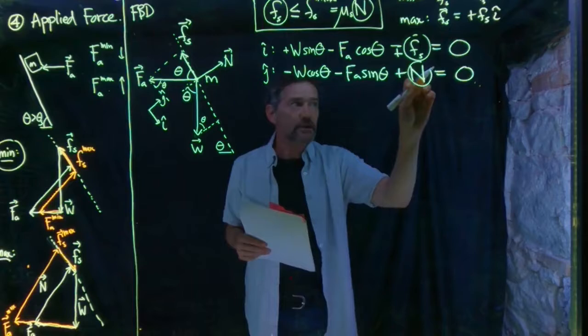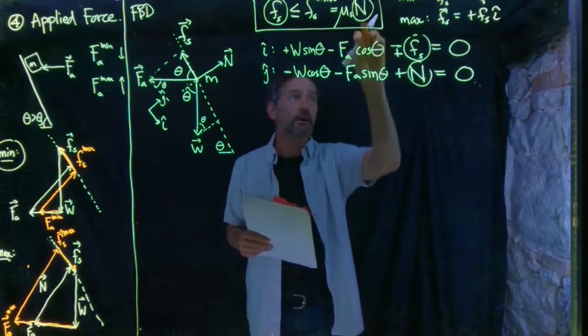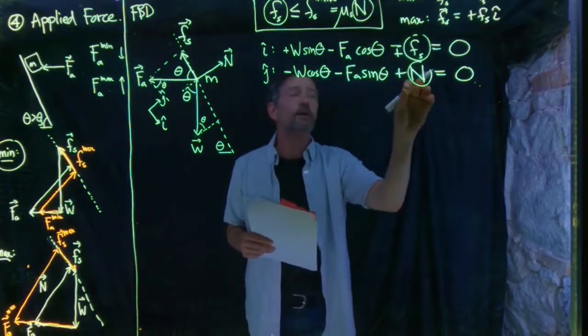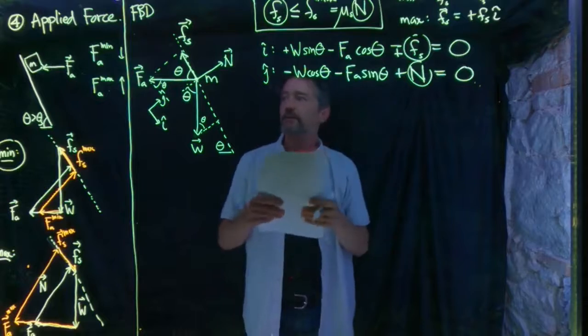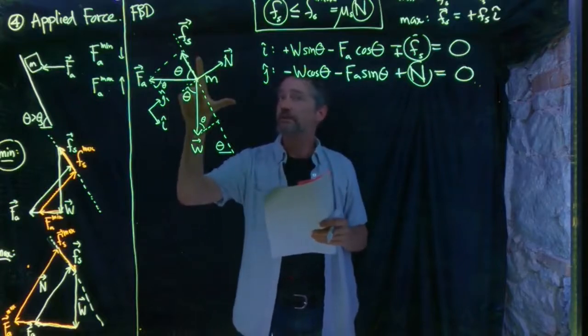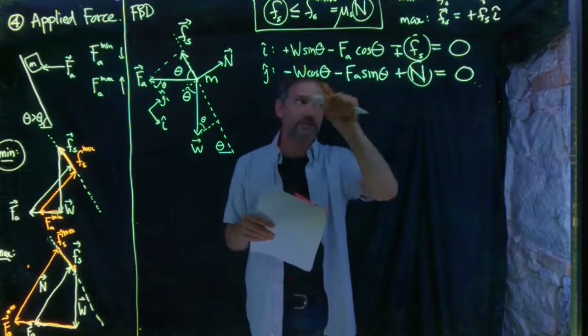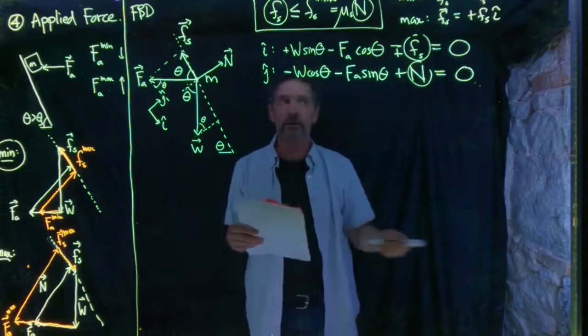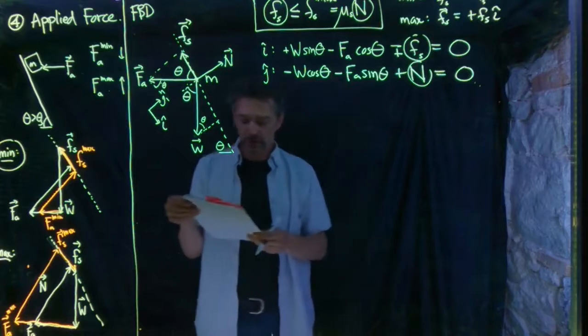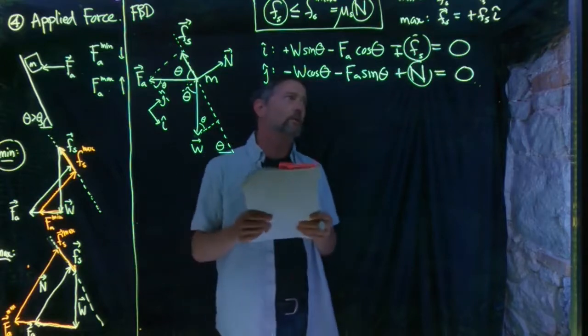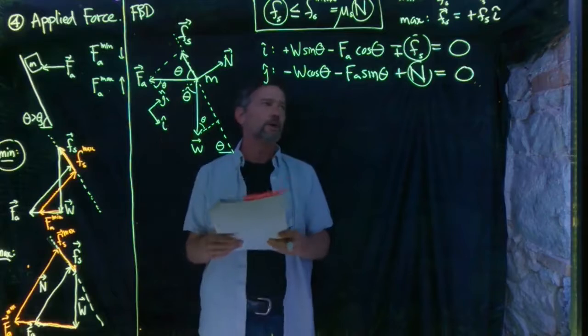And we can solve this equation trivially for n and plug it into there because it involves only n and not Fs. If we had chosen the axes like this, we'd have a mess. This equation would have both Fs and n in it, and this equation would have both Fs and n in it, and we'd have two equations and two unknowns to solve. So try to think carefully about how you set up the orientation of your axes.